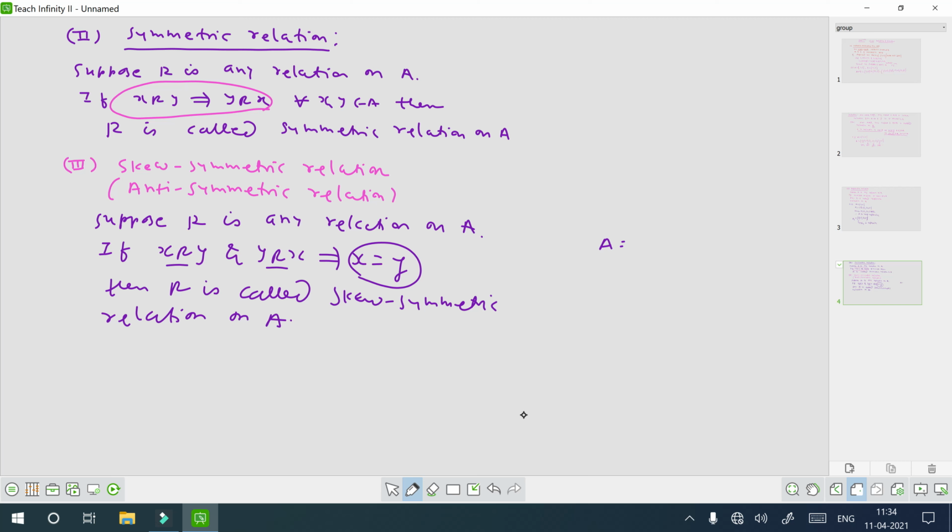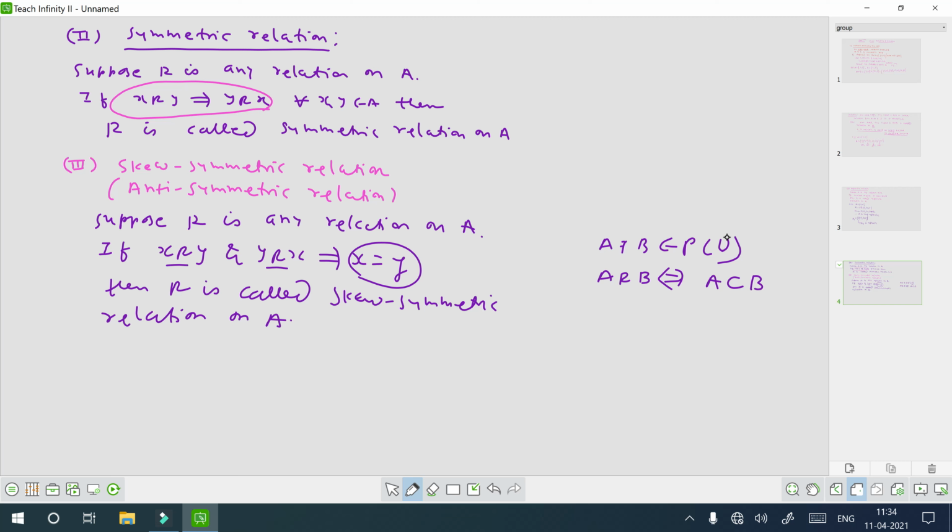For example, consider A, B belonging to the power set of U, that means both are sets. A R B if and only if A is a subset of B. I am taking the subset relation.